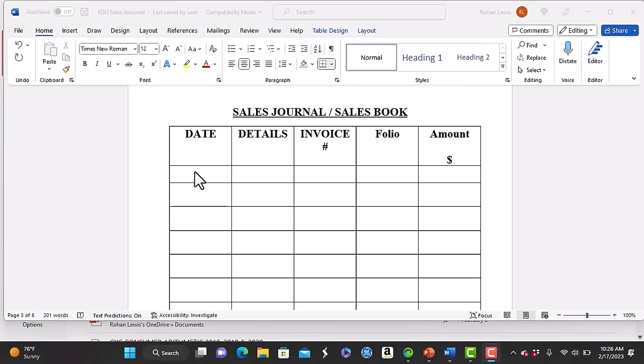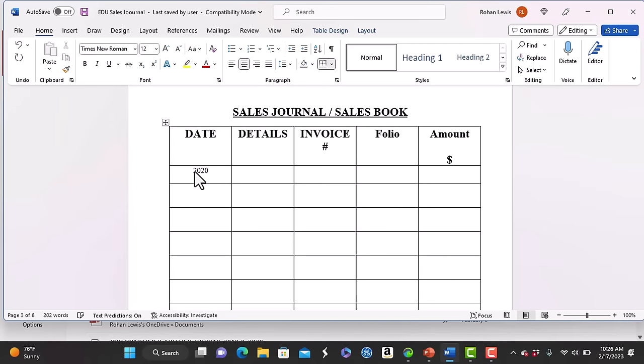So the first transaction is on February 1. The name of the customer is A. Brown. Skip the invoice number and head to the folio, which is the sales ledger. The amount is $250.